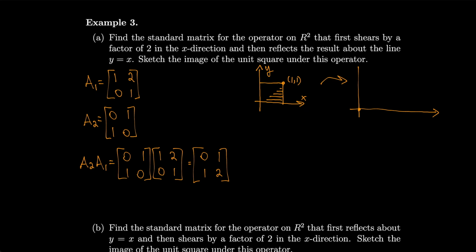Let's see, it'll get pushed over something like this. And then here's the shaded part. Something like that, where this is (3, 1). It's moved over 2.